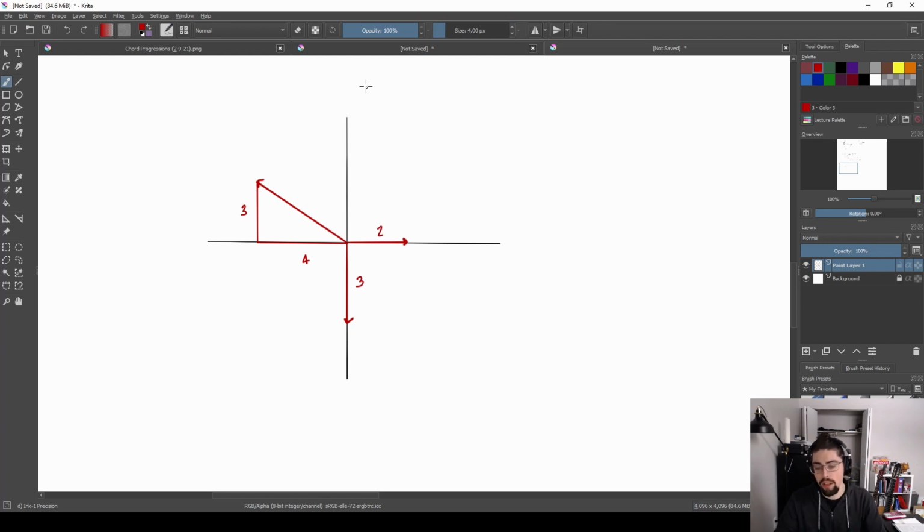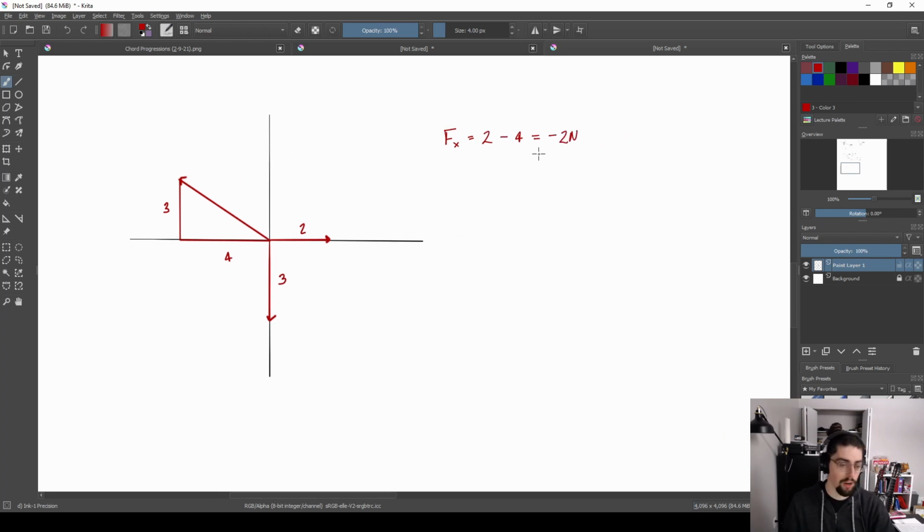So when I consider all of that stuff together, I need to look individually at each component. I need to look at the x component, and that means F of x. What does that equal to? Well, I see a positive 2 and a negative 4. For a net force in the x direction only of negative 2 newtons. That alone is not acceleration, though, and I cannot just say that means negative 2 meters per second squared.